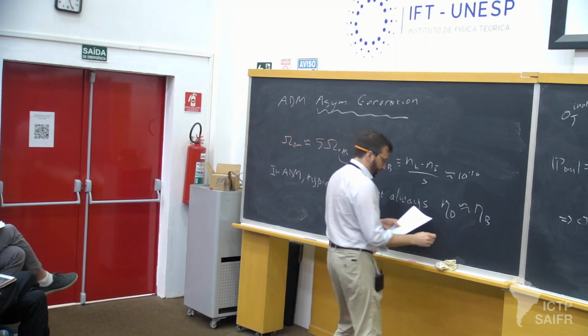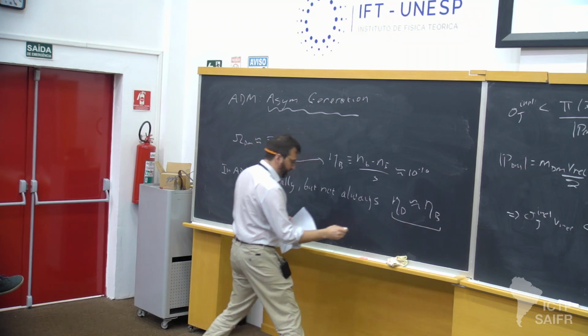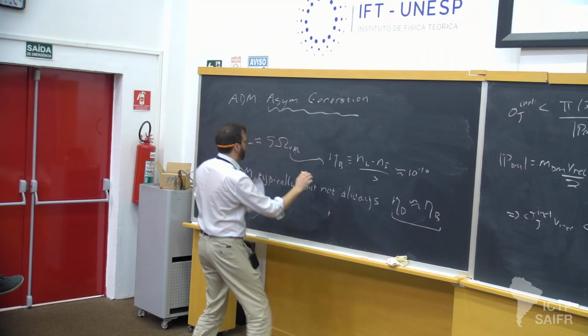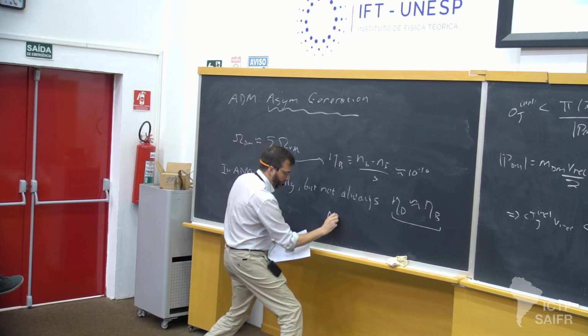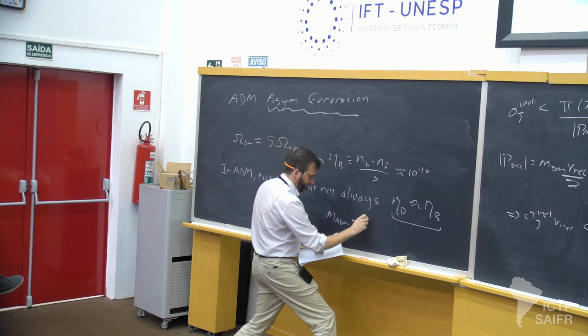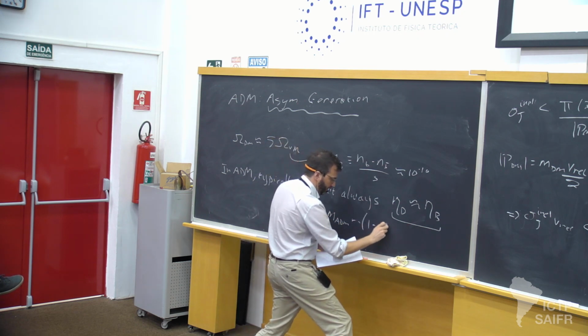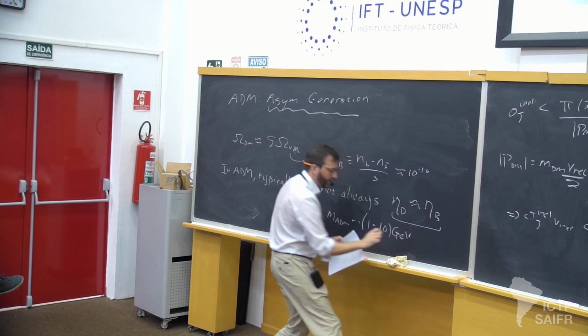And this will then tell you that in typical models, because of this observation here, the asymmetric dark matter mass will take values somewhere, just giving a range, 1 to 10 GeV or so.